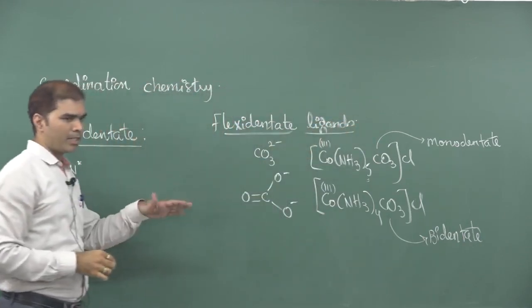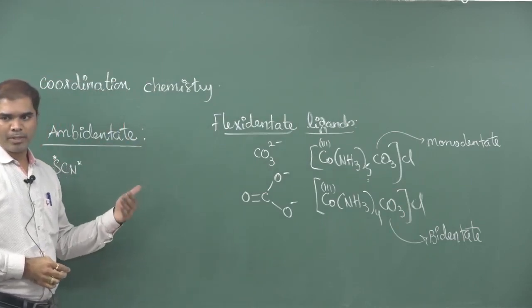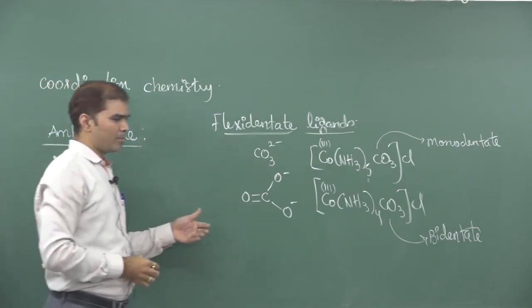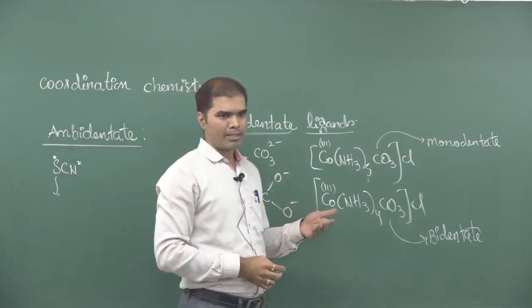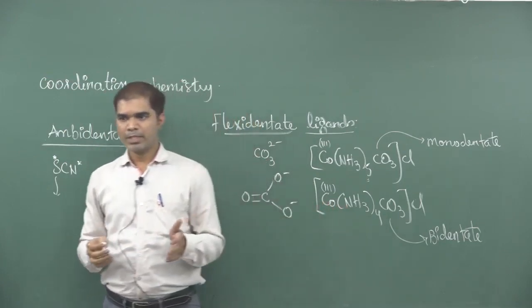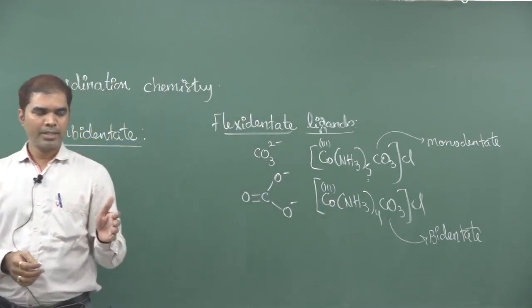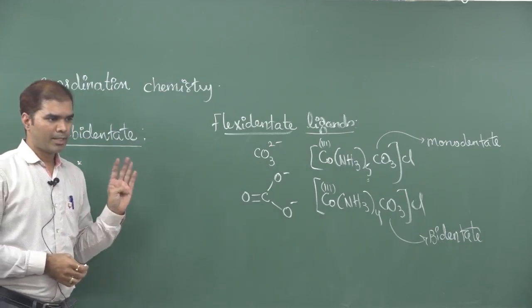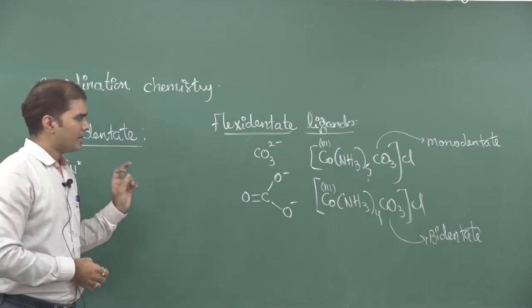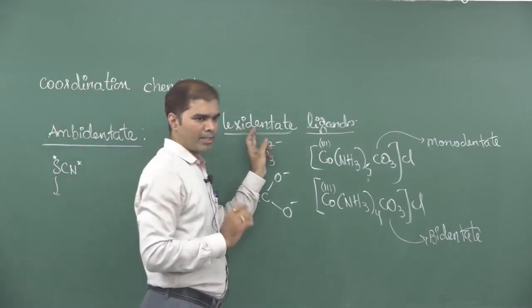There is flexibility in its denticity, either it can be mono or it can be bidentate. Suppose I choose EDTA, a hexadentate ligand. Depending on the coordination number it can behave as pentadentate, or it can also behave as a tetradentate ligand. It can change its denticity. Such ligands we call flexidentate ligands.